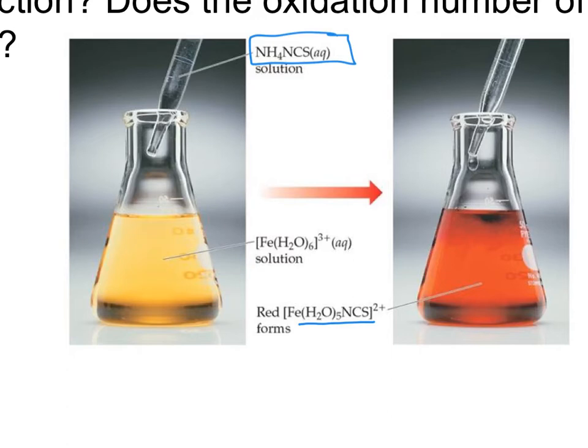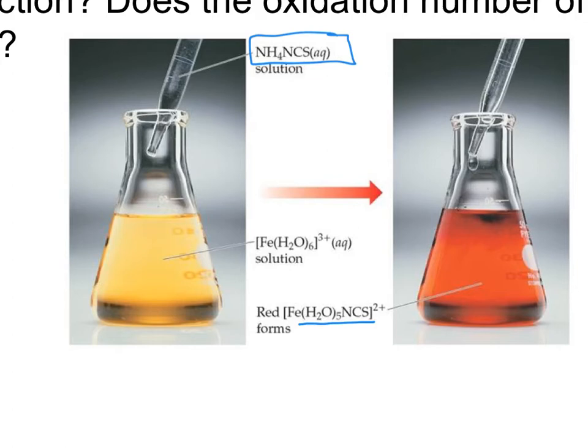So you can see that by replacing one of the ligands, it drastically changes the color of the solution. And we'll see a little bit about why that is towards the end of the chapter. It's probably the more interesting part of the chapter, in my opinion. We'll get there.